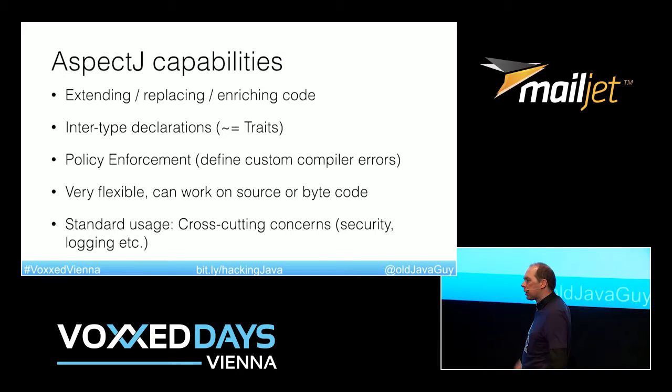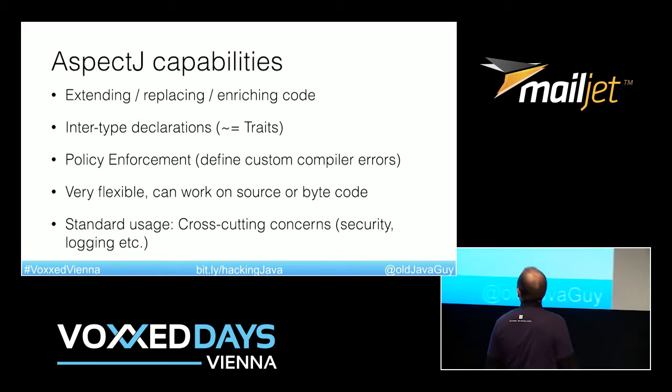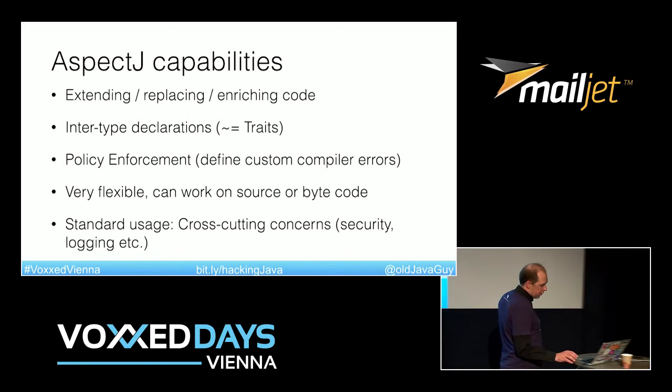So you can have real multiple inheritance if you go that way. Not necessarily the way you want to go in Java, but AspectJ is usually popular in some small, more academic circles, but it is very, very powerful. One other thing you can do is policy enforcement, but we'll get into that later.